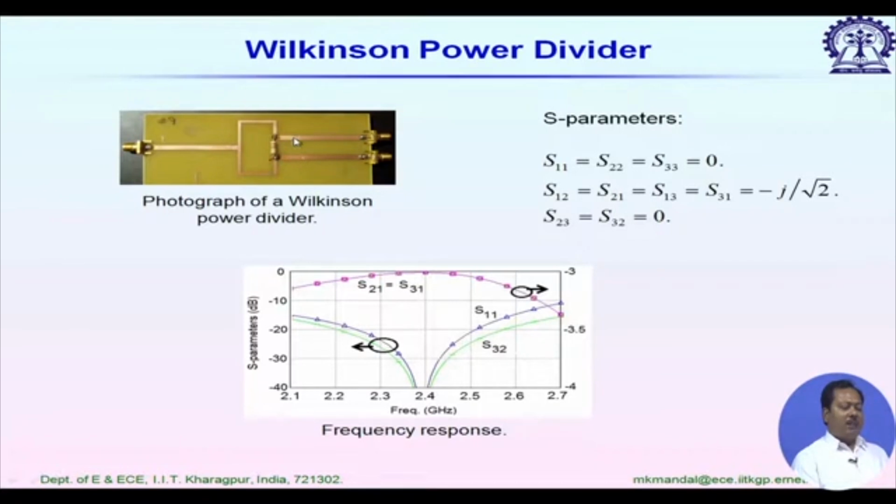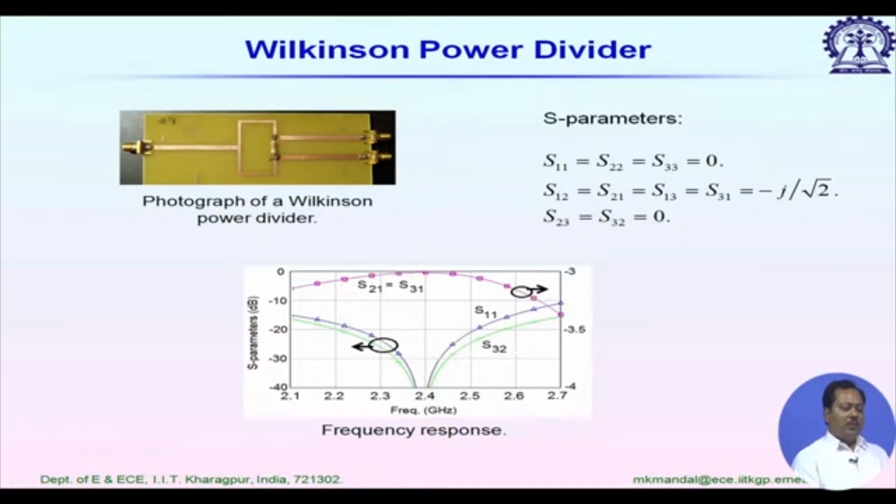That means angle of S21 is equal to minus 90 as well as angle of S31, which is again minus 90, so that we do not have any phase difference between these two output ports. So this is one basic property of a power divider: we do not have any phase difference between the output ports.